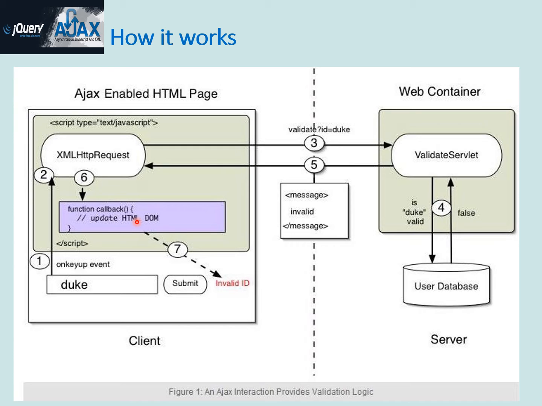In that HTTP response, through this script, it identifies that an invalid message is given back from the server, so that invalid ID is shown as output on the corresponding web page. So this is actually enabled by Ajax. We are having some examples with Ajax so that it will be much clearer.